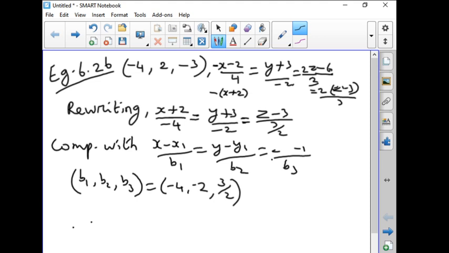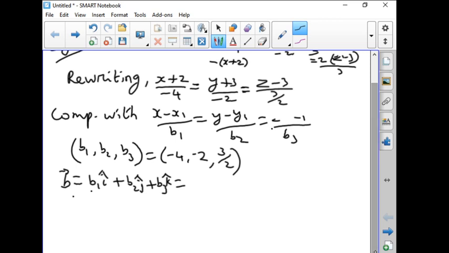So what is the b vector? The b vector is equal to b1 i cap plus b2 j cap plus b3 k cap. Therefore, it is equal to -4 i cap - 2 j cap + 3/2 k cap. Now, taking LCM, 2 is the LCM.